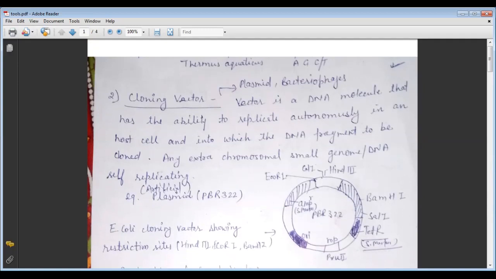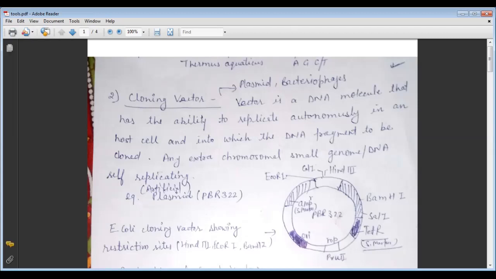So as we know, the tools of recombinant DNA: firstly, we have discussed the restriction enzyme. First of all, what do we need? A restriction enzyme, which will do the work of breaking it. And how can it break, this process we have already discussed: the two types of restriction enzyme, one is the exonuclease and another is the endonuclease. How it will cut, we already studied in the previous lecture.